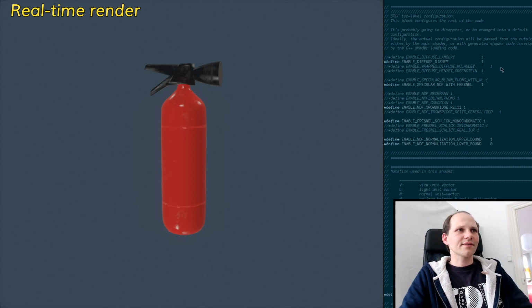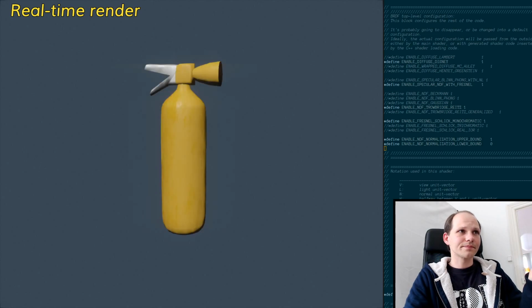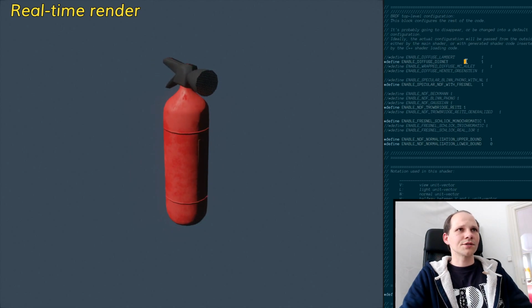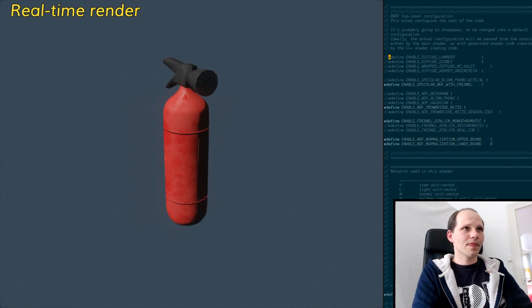I can switch that to just 1 light. Okay, so here is how it looks with one light.